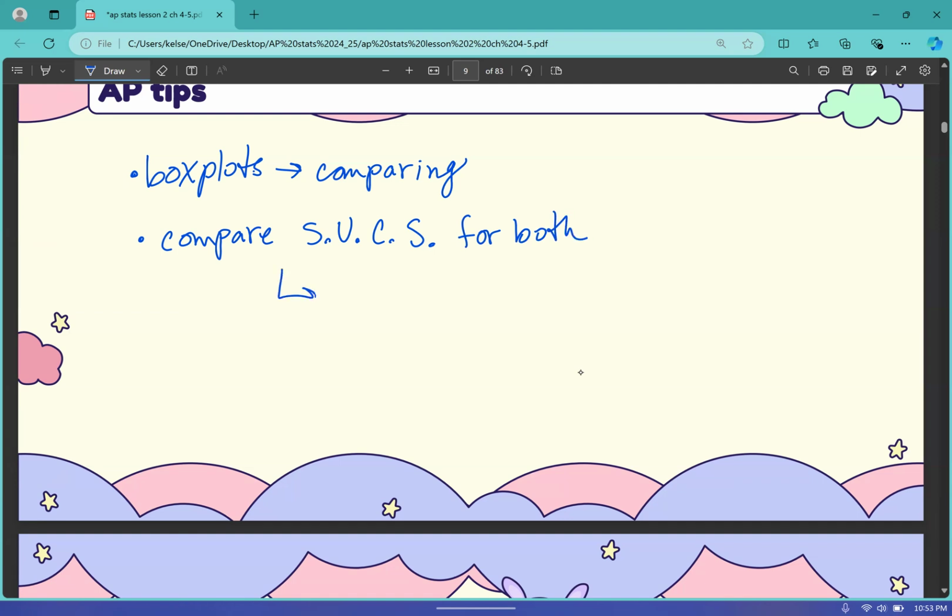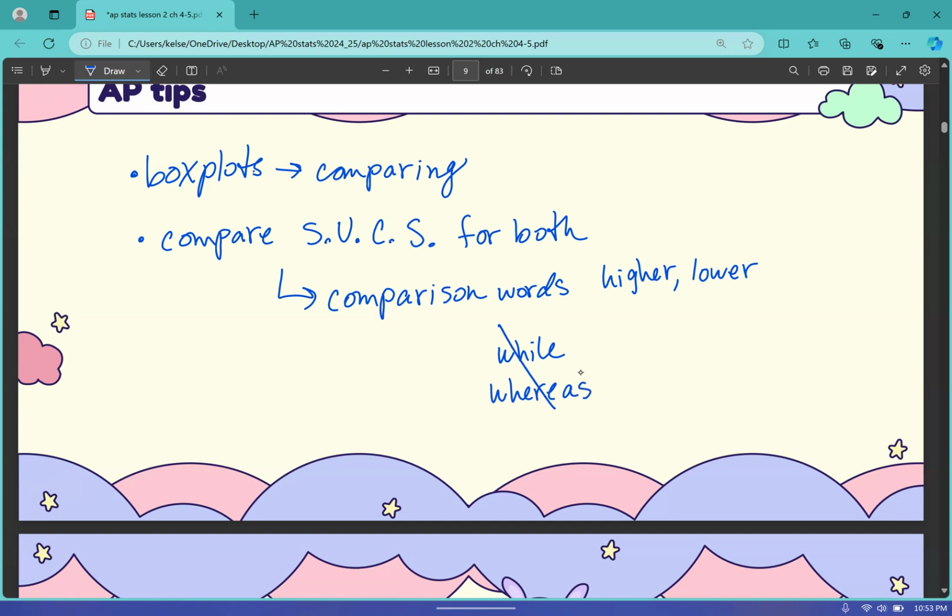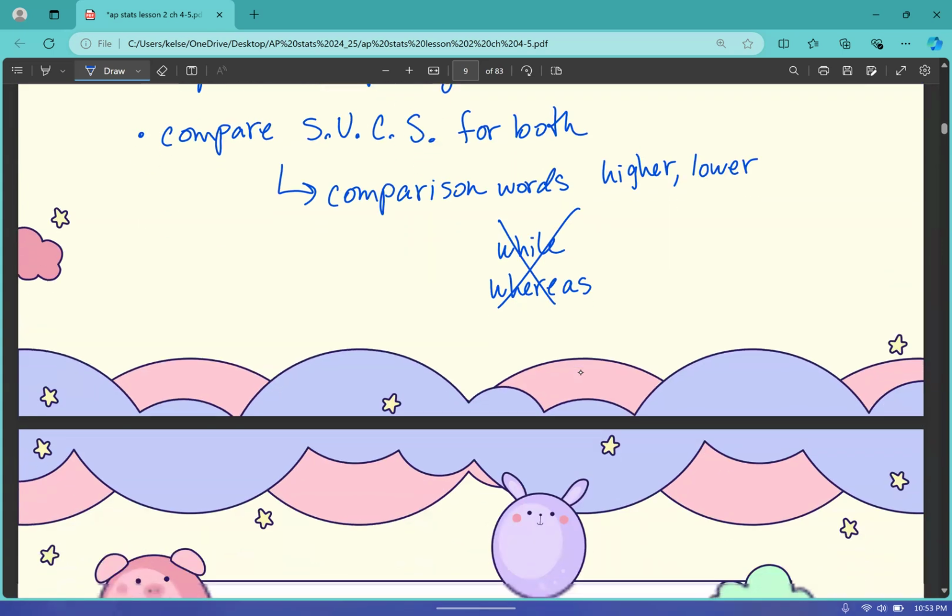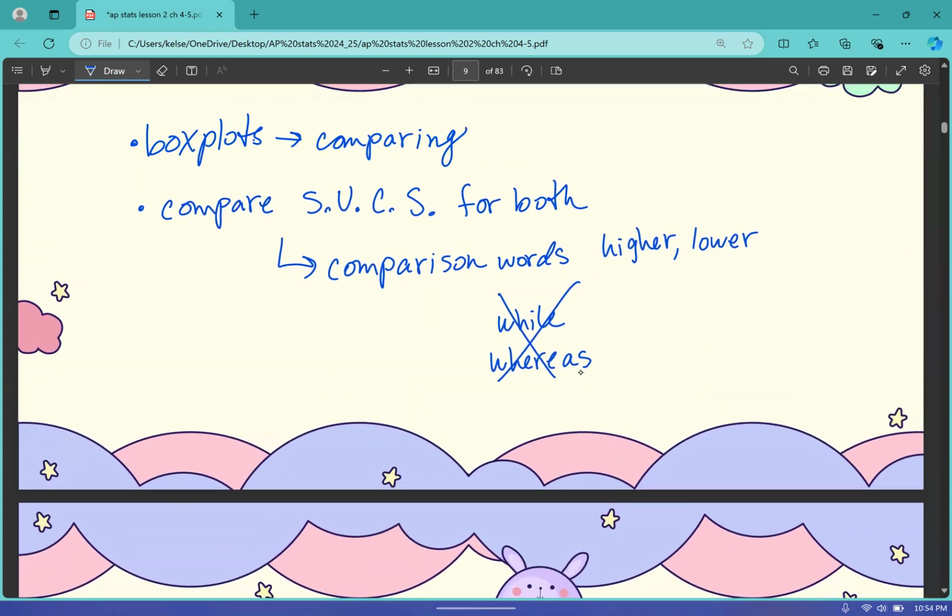And make sure that you are using comparison words, such as higher, lower, greater than, less than. While and whereas are not comparison words.